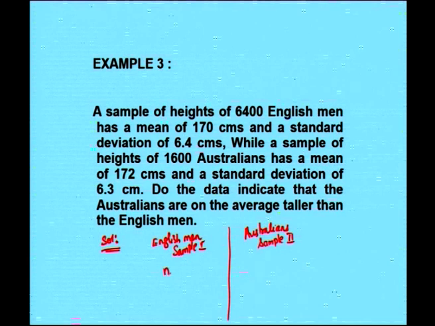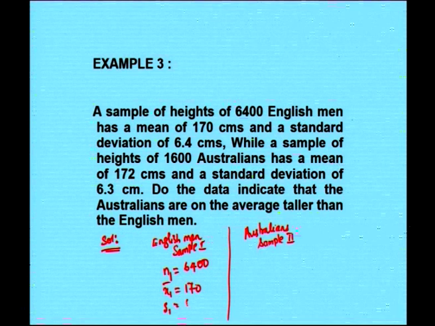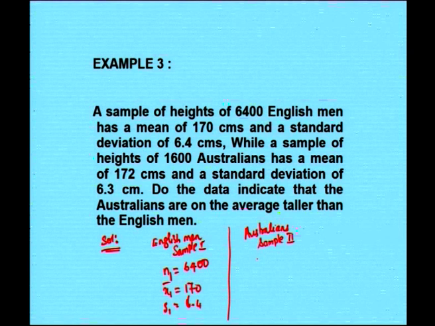Therefore, now N1 is equal to 6400, x1 bar is equal to 170, this is mean, and standard deviation S1 is equal to 6.4. Okay. And about Australians, there are 1600 Australians, right.